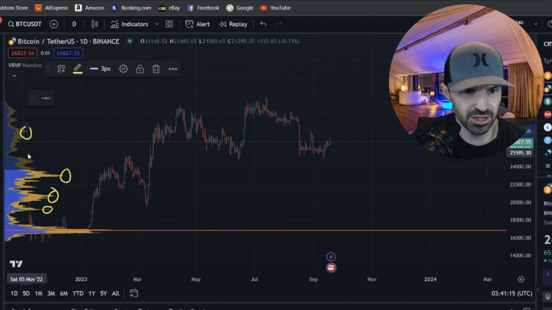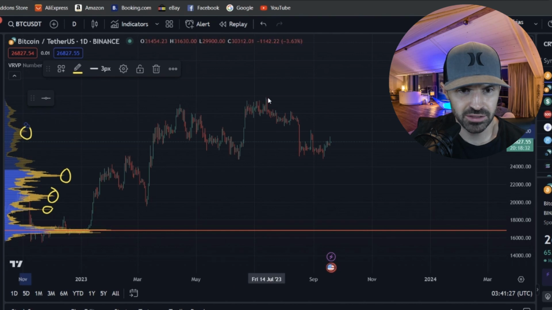Now, you can see that there's a lack of volume on the volume profile indicator. Now, if I had to take a wild guess, I would say, because the price has sold off here, it's starting to go into a downtrend. It's making a series of lower highs and lower lows.